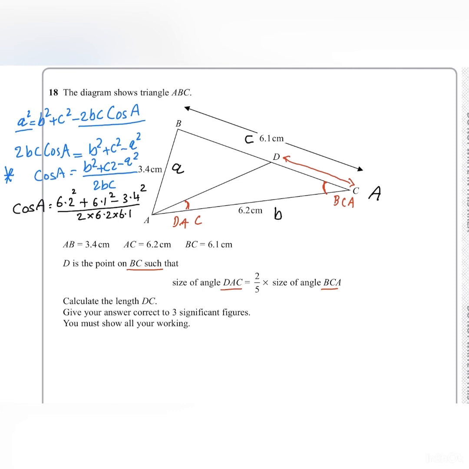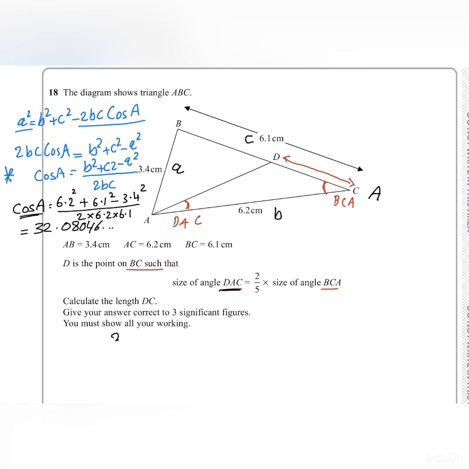Now you can use the calculator to work this one out, but not forgetting you want the inverse of cos in the end. If you work this out, the answer for the missing angle is 32.08046 and so on. Now the size of the angle DAC is 2/5 of this.